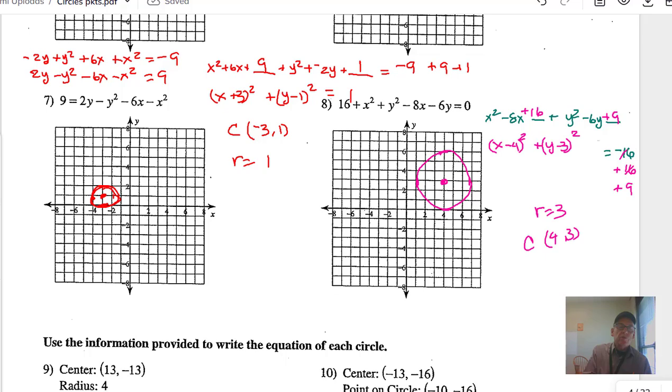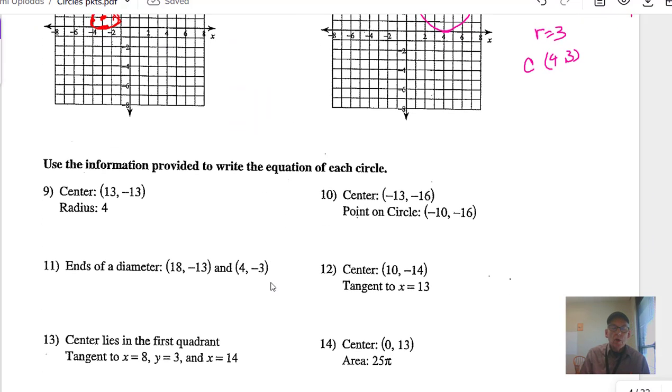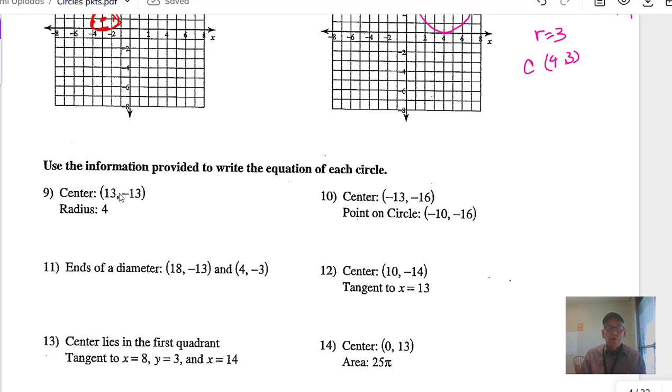Okay, for this set of pages, we only have to go through 9 and 10. So let's look here. Here they're giving us the center and the radius. So remember, the radius squared is what goes on the right-hand side. So the radius squared is going to be 16. And the center is at 13 for the x.